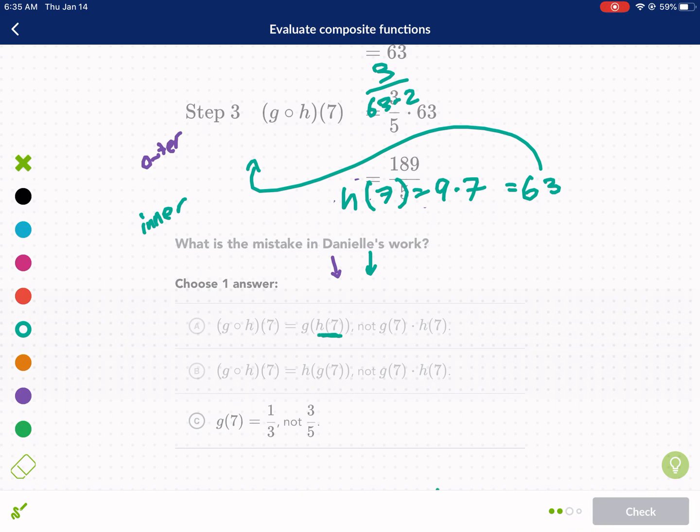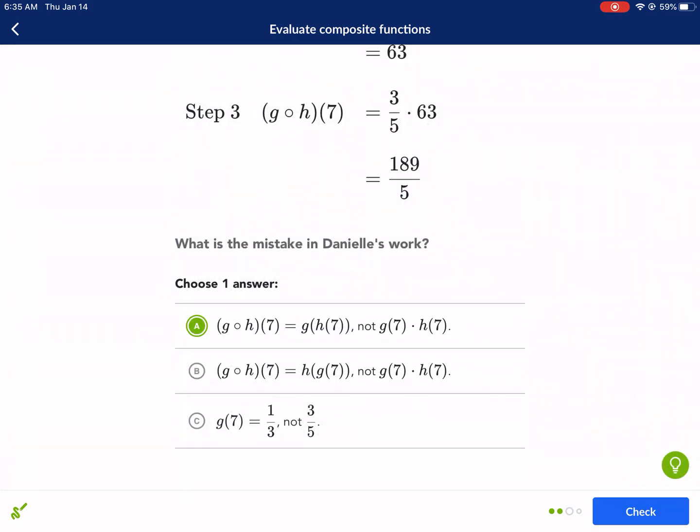H has got to be our inner function, not g. G is our outer function. So that's why it should be that and not this. She didn't do it in the right order. So h of 7 is our inner function. That's why letter A is telling us that h of 7 is our inner function. That should have been done first, not g of 7 first and then h of 7. So we're going to check that.